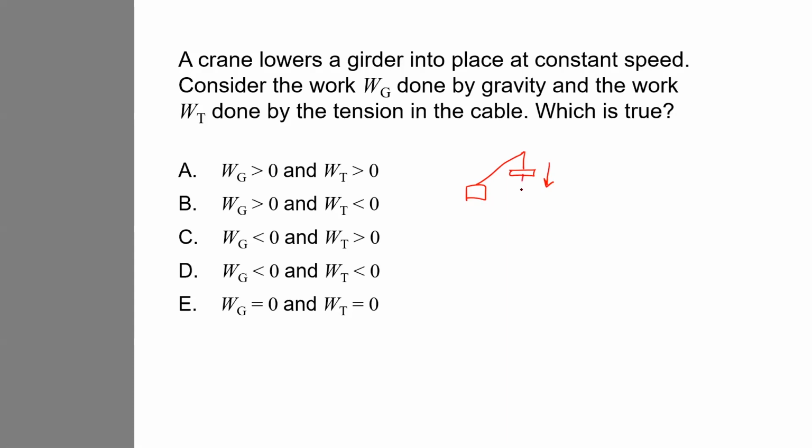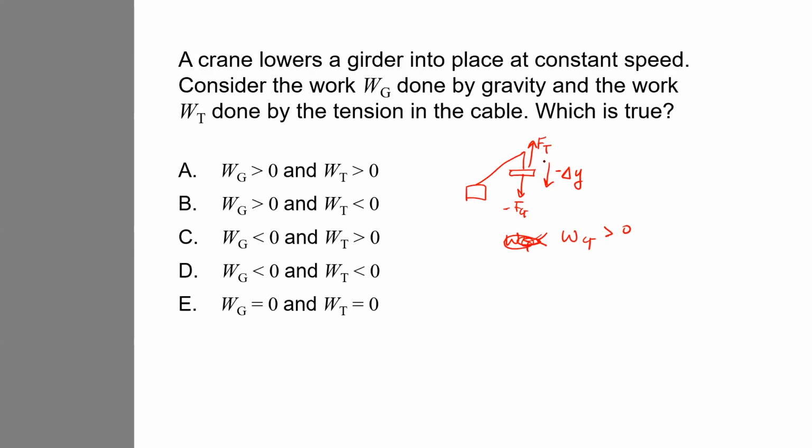In this case, you have the force of gravity down this way, the force of tension in the opposite direction, but the displacement here is negative. And we know that the force of gravity direction is also negative, so the work done by gravity has to be positive.